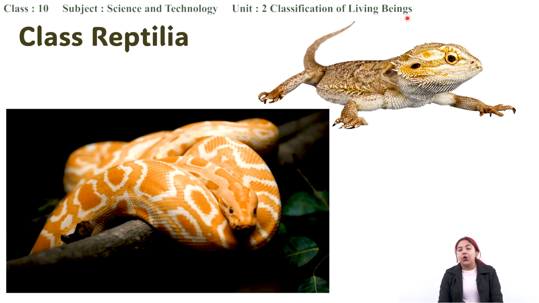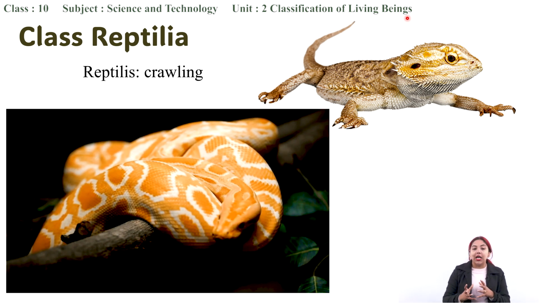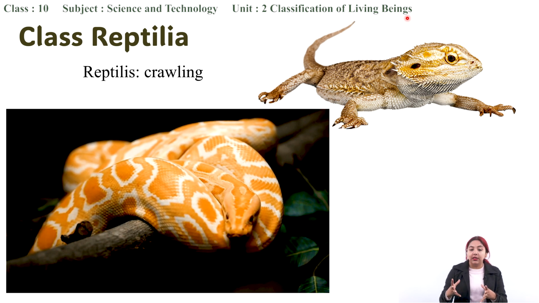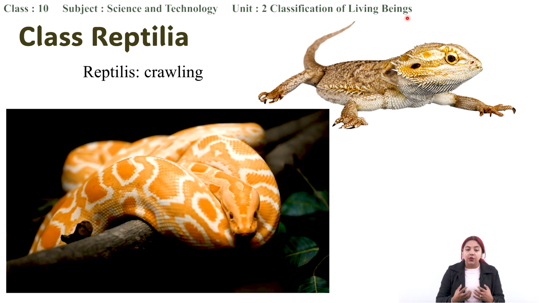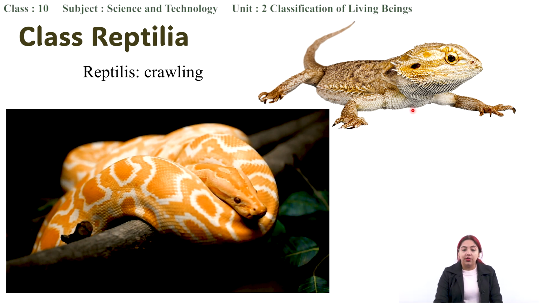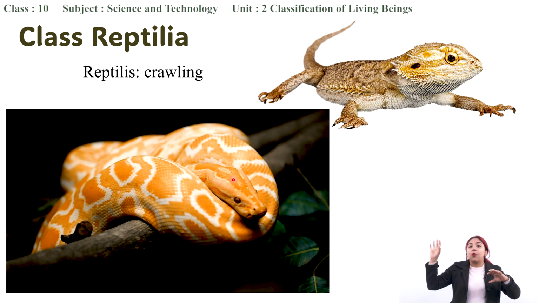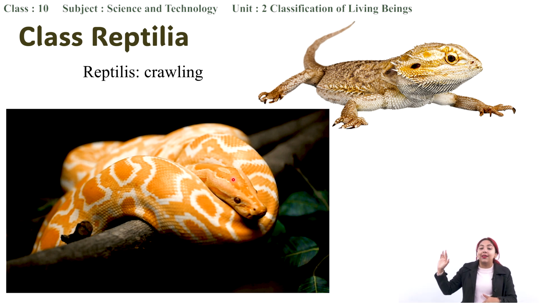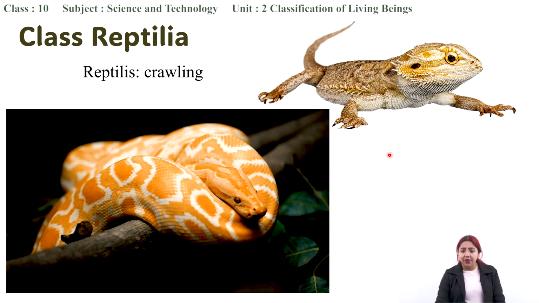Now let us talk about another class, that is class Reptilia. The word reptilia comes from the word reptilis, which means crawling. So these organisms crawl so that they can locomote. You can see that the snake is crawling, and the lizard crawls on the walls in our house, the wall lizards. So all these organisms are reptiles.